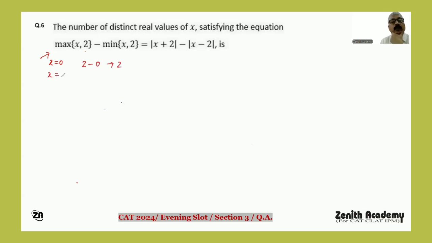If I put x is equal to 1, then 1 and 2 maximum will be 2, minus 1 and 2 minimum is 1. So the difference is 2 minus 1 is 1. If I take x is equal to minus 1, the maximum of minus 1 and 2 is again 2, minus the minimum which is minus 1. So it is 3.